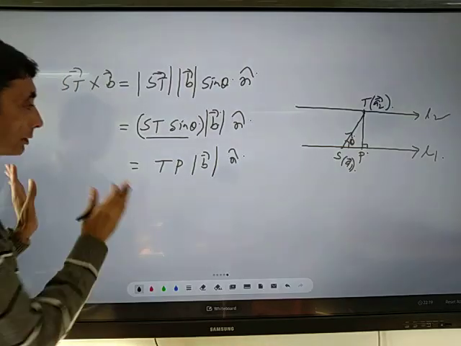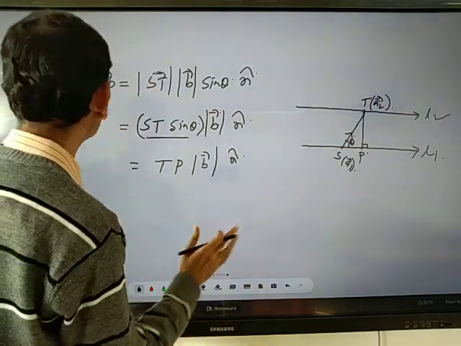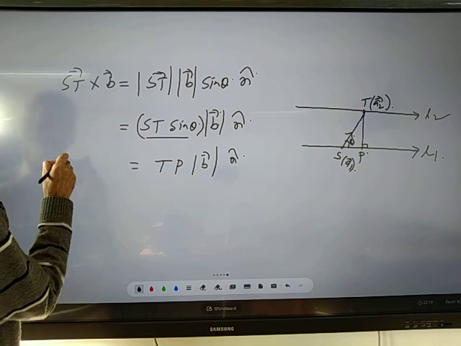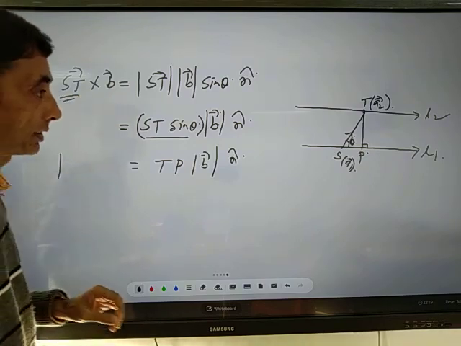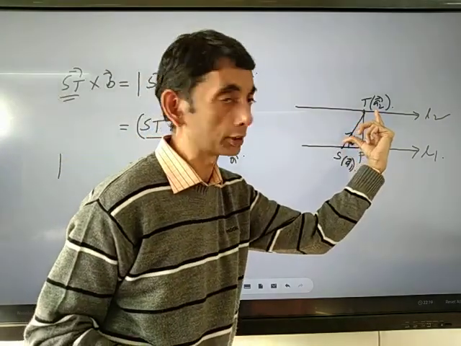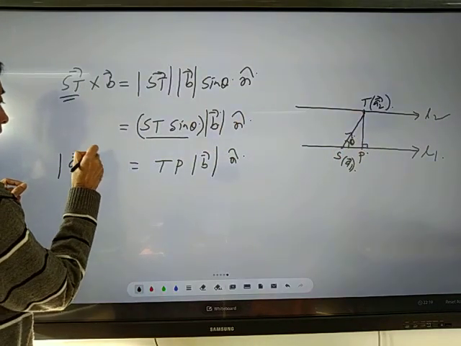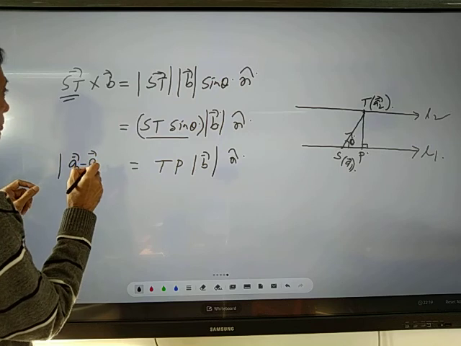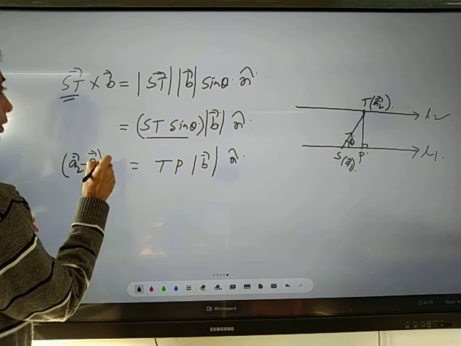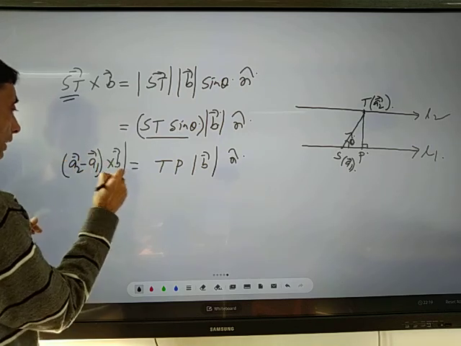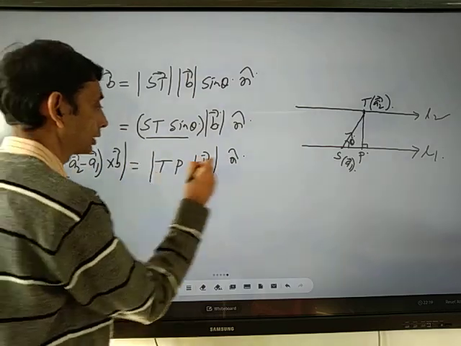Now we are going to take the mod on both sides. Vector ST, the vector joining two points, is a2 minus a1. So this is a2 minus a1 cross b. We take the mod on this side and on this side.